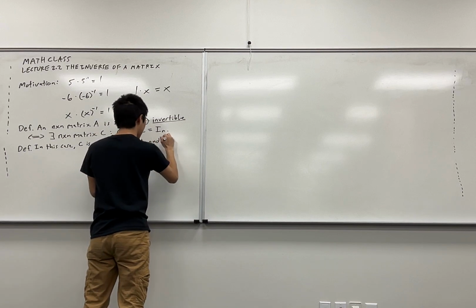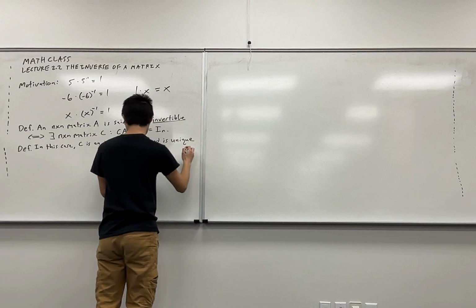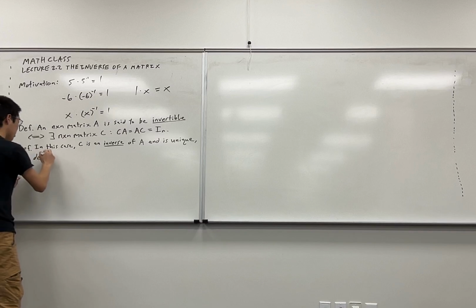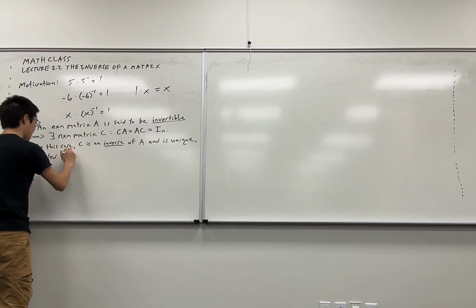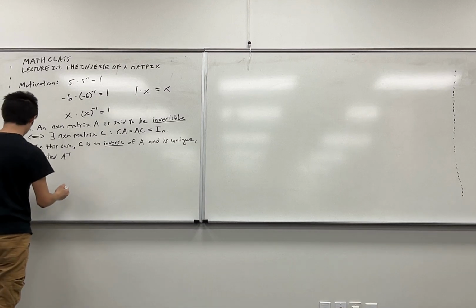And this is very important, unique. So since it's unique, we can give it a special notation. So we'll denote A with the typical inverse notation like we're all familiar with.